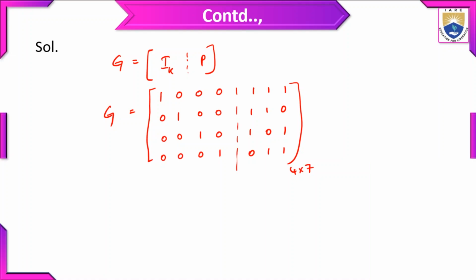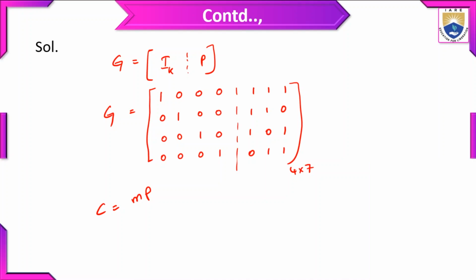Okay. So here we are going to generate all the code vectors. So what is the formula? First you obtain the parity bits. So the parity bits C is equal to M times P. M is the message block. P is the coefficient matrix. Okay. So what is the coefficient matrix size? Here 4 by 3. What is my message? 4. Okay.